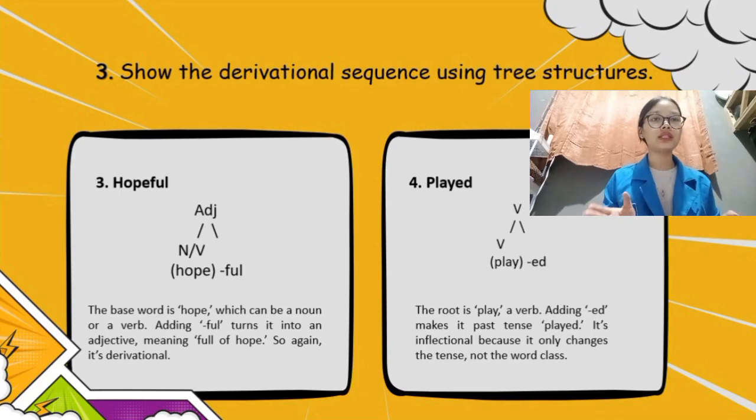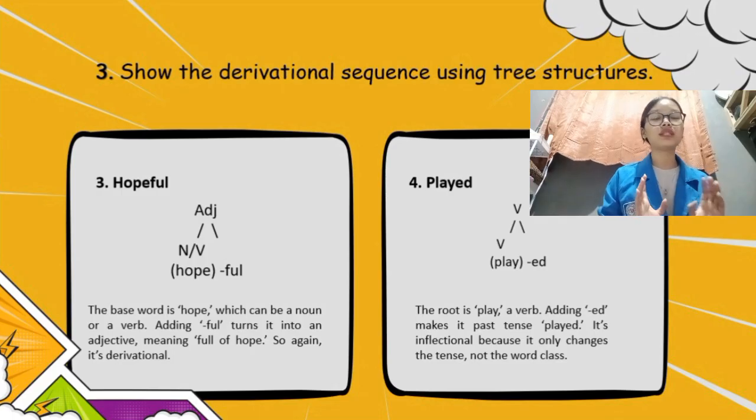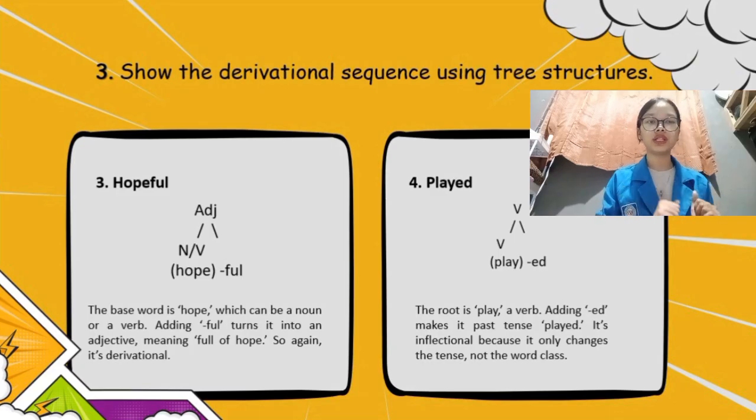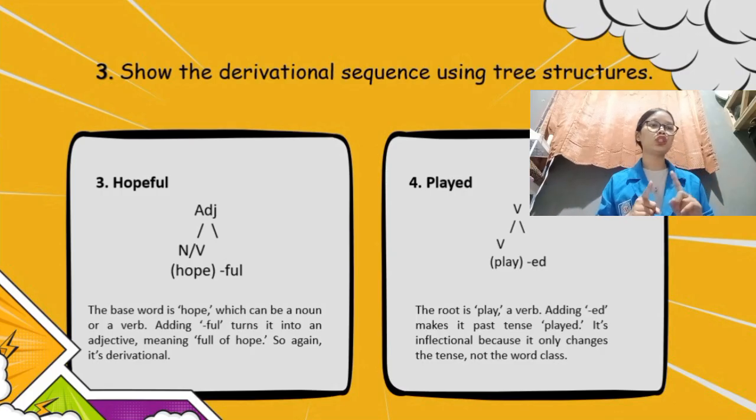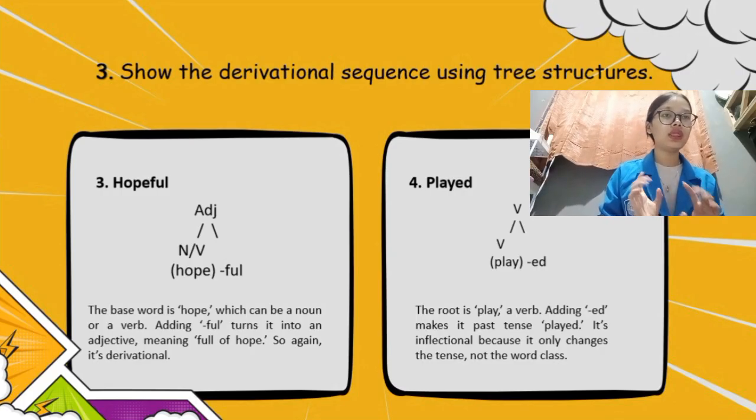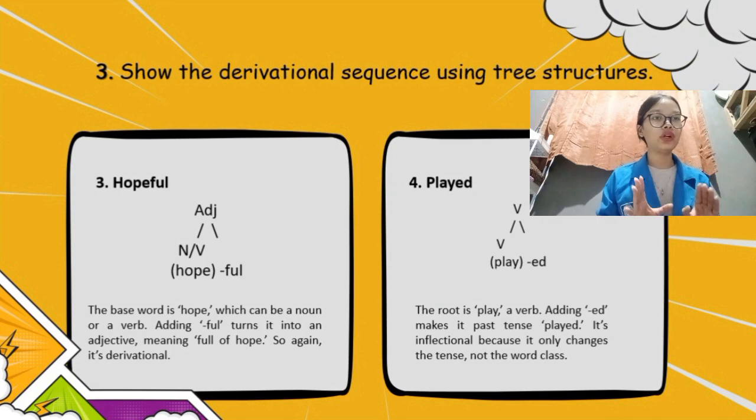So again, it's derivational. Next, played: the root is play, a verb. The suffix -ed makes it the past tense, played. It's inflectional because it only changed the tense, not the word class.